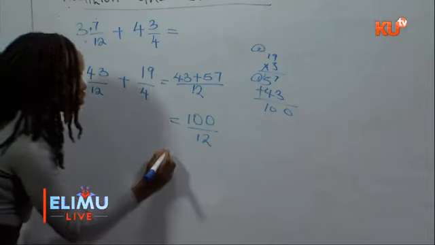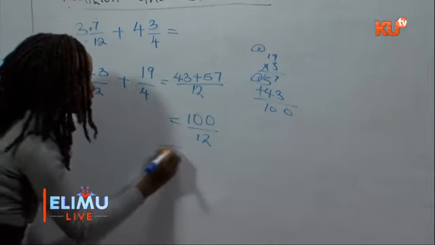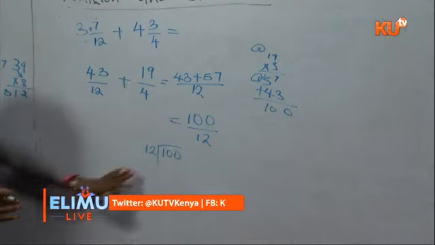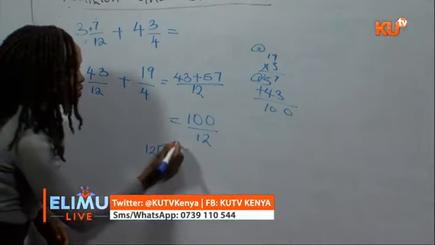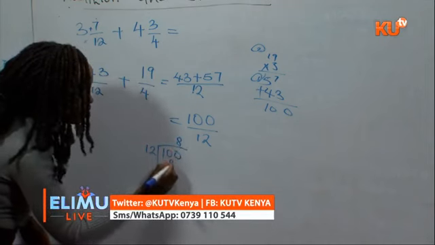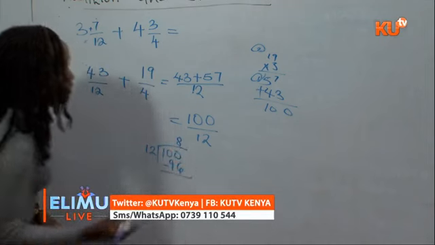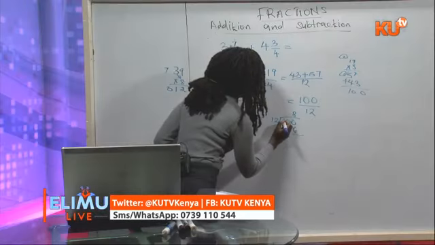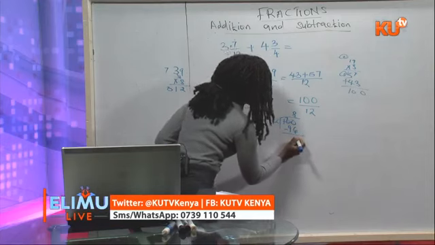And then we change to a mixed fraction. 12 will go into 100 8 times because of 96, and then we subtract. 10 take away 6 is 4.